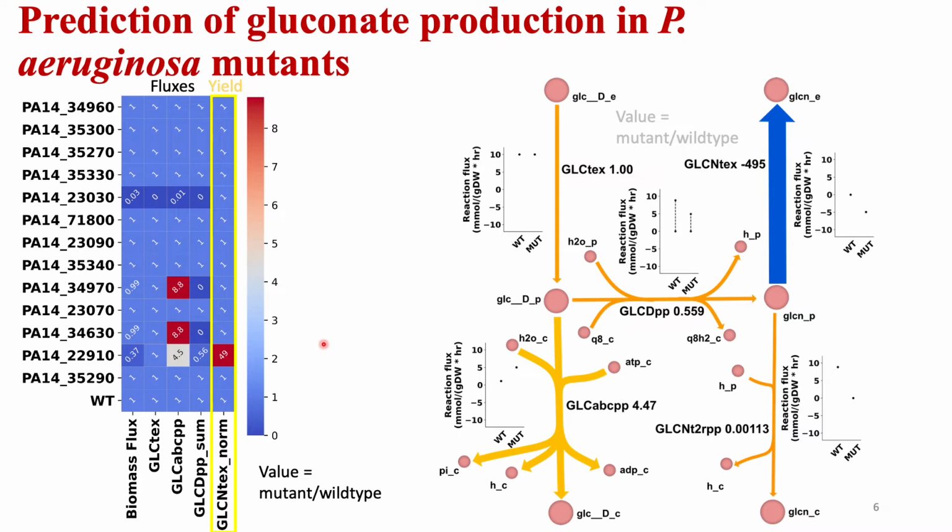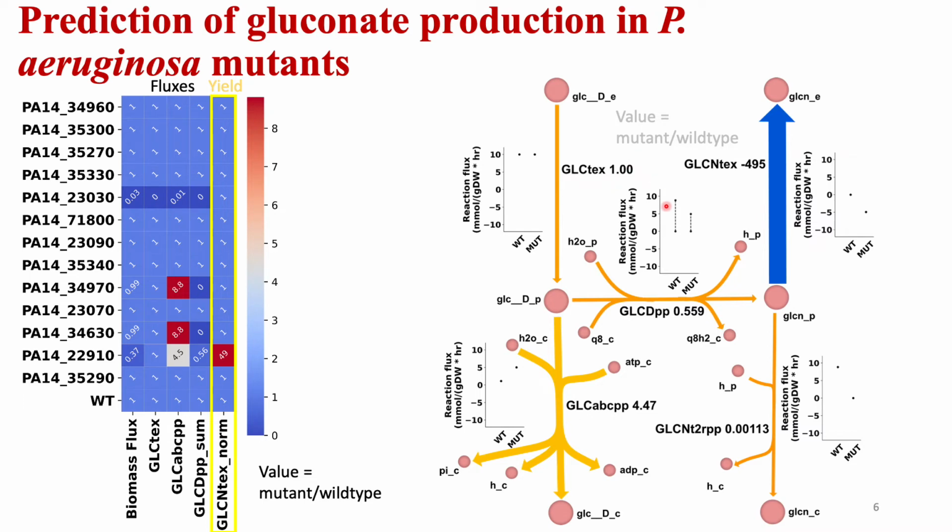Then we used flux variability analysis to mechanistically explain the gluconate overproduction phenotype of the edd mutant. In the graph in the figure, the points refer to the maximum and minimum fluxes of the specific reactions, and the dotted lines refer to the flux range. The values right after the reaction names are derived by dividing the average flux of the mutant by that of the wild type.